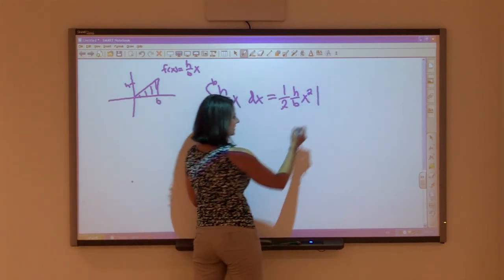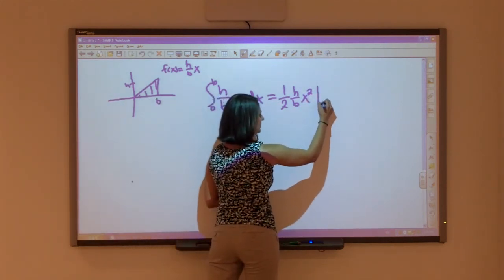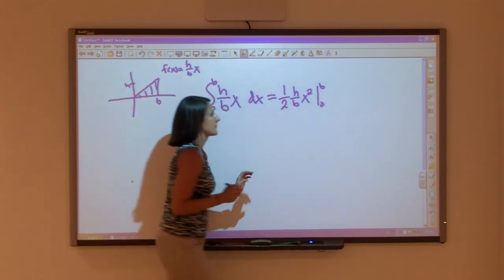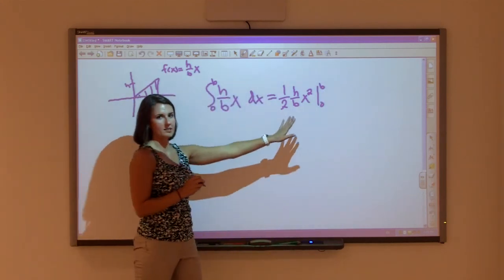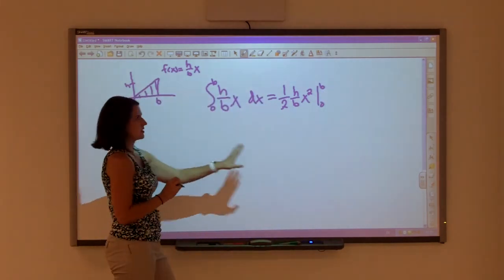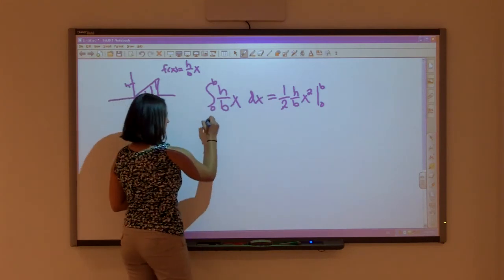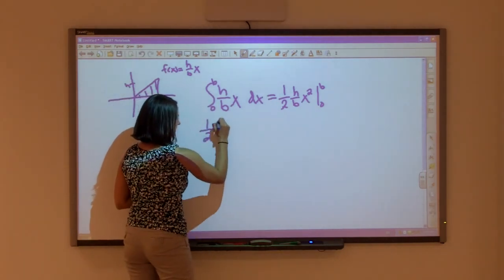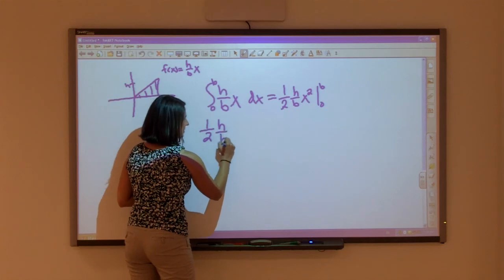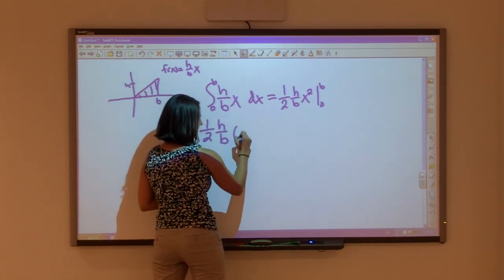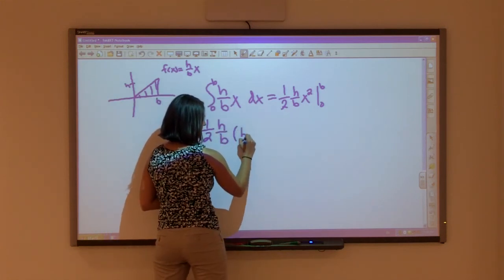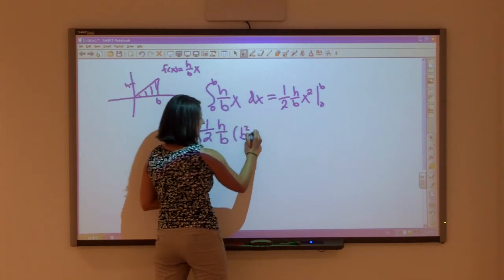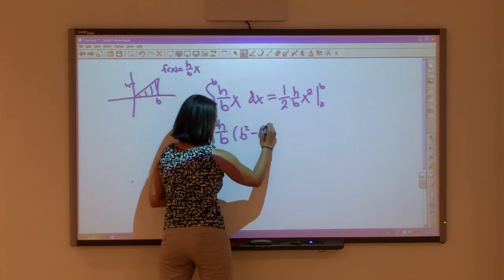So, we're not done yet because we have limits on our integral. From here, we put our limits into the x and subtract. Start with the top one. So it's going to look like 1/2 h over b, b squared minus 0 squared.